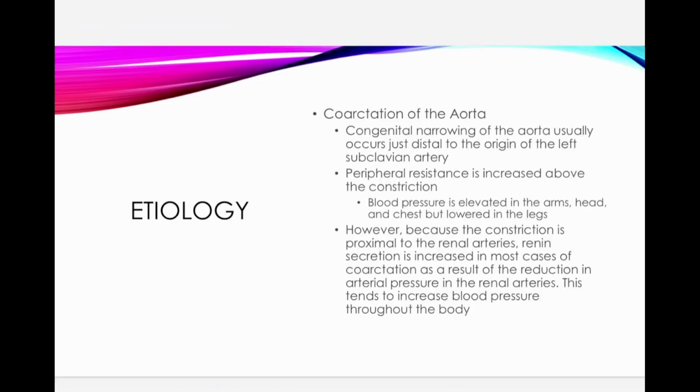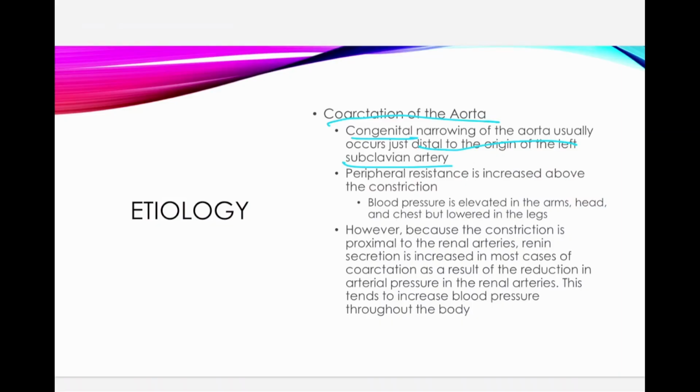So what are some reasons people could have high blood pressure without actually having primary high blood pressure? Coarctation of the aorta. This is a congenital problem. You get narrowing of the aorta just distal to the origin of the left subclavian artery. So we get an occlusion. That's going to raise your pressure, the afterload placed on the heart.